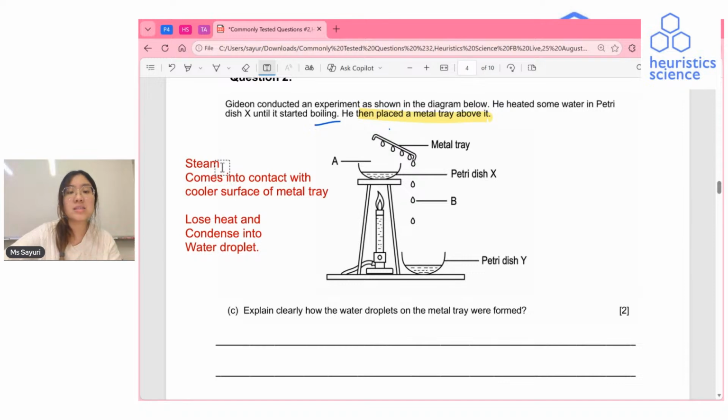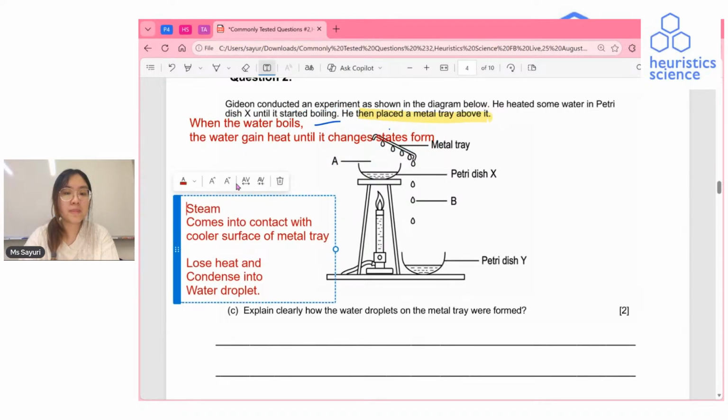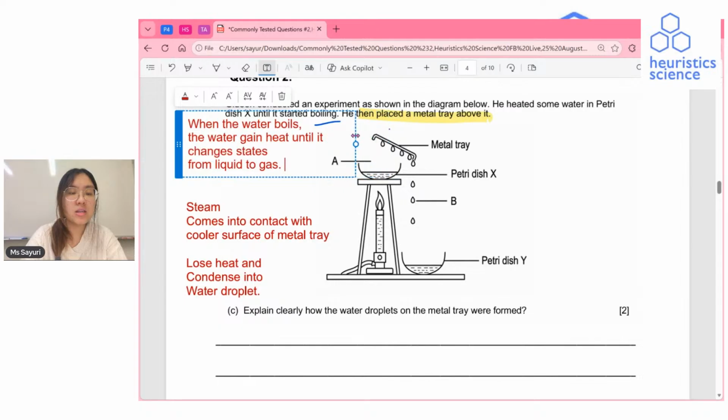Now, that's one part of the answer. Where did the steam come from? You just need to explain where the steam came from because of boiling. So when the water boils, the water gains heat and gains heat until it changes state from liquid to gas. Okay, so here is one thing.